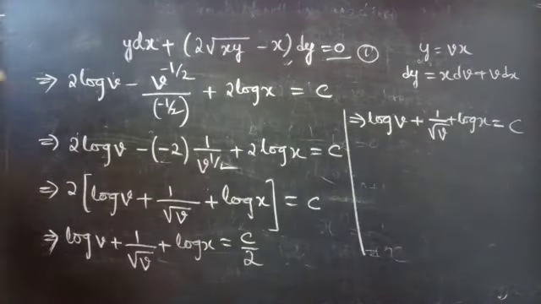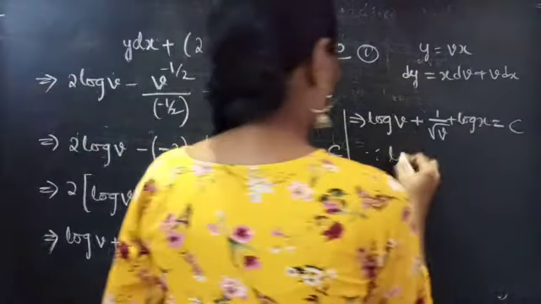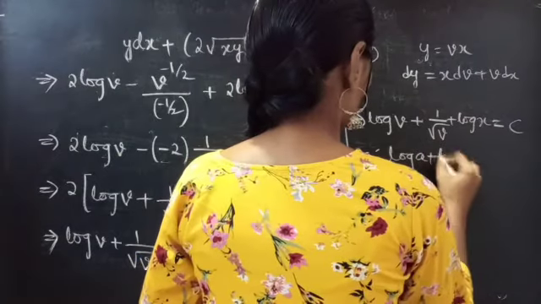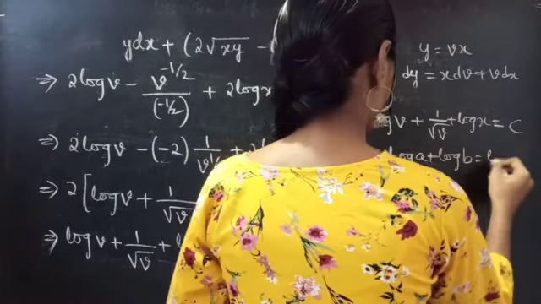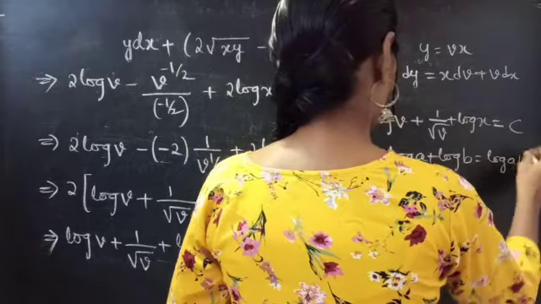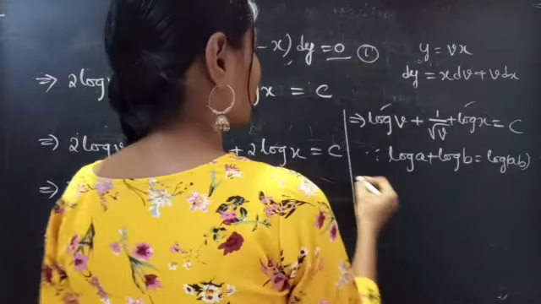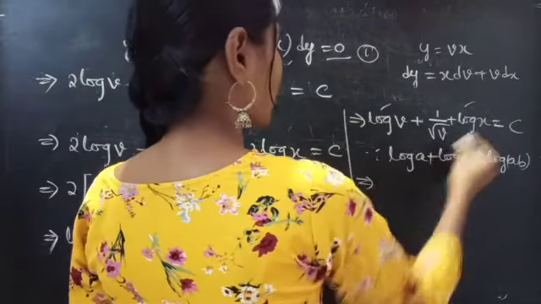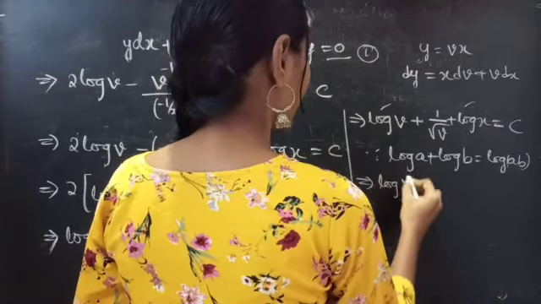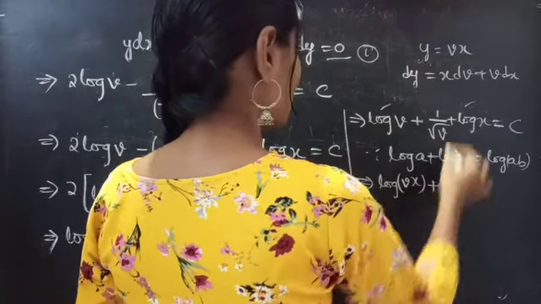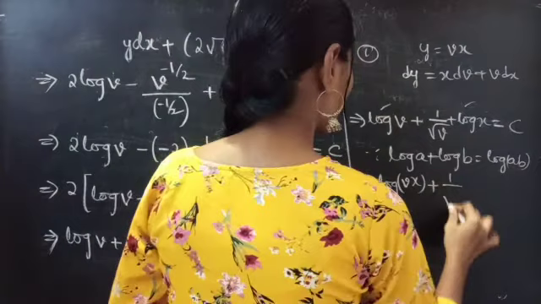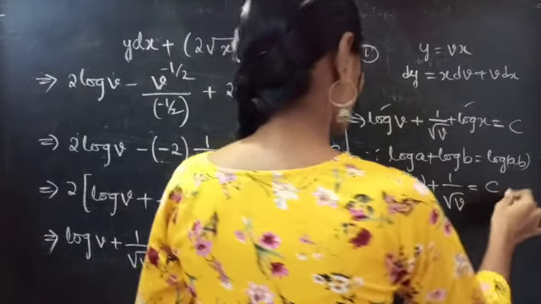Okay, since we know that log a plus log b equals to log ab, then you can write log v plus log x as log vx plus 1 by square root of v equals to c.